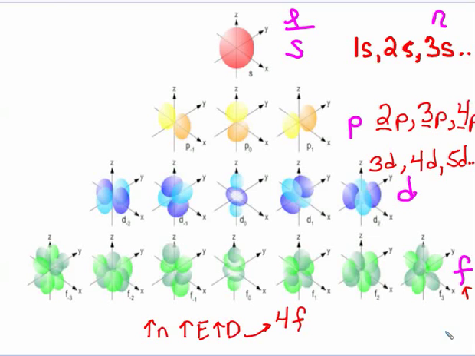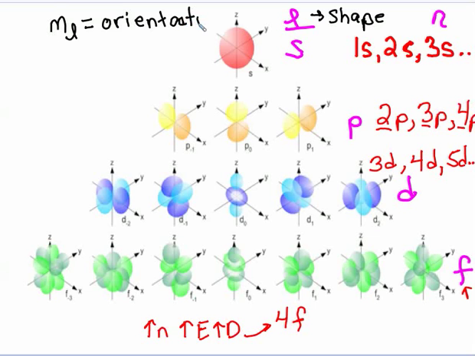Now we want to get to our third one, and we've already talked a little bit about the pattern of these numbers. Our third quantum number is M sub L. Now L tells us shape, N, remember, told us distance and energy. M sub L tells us the orientation in space.